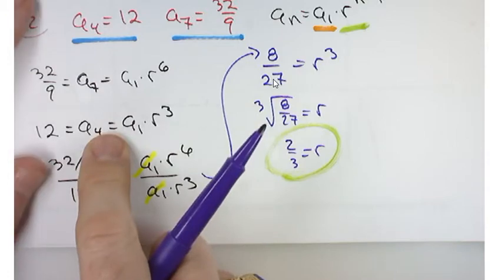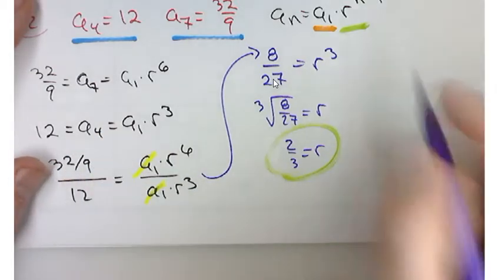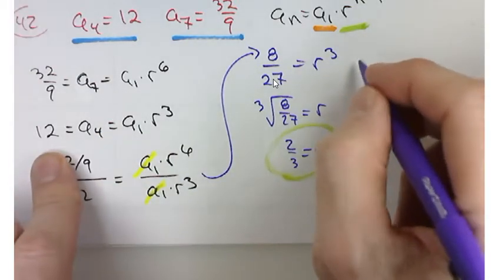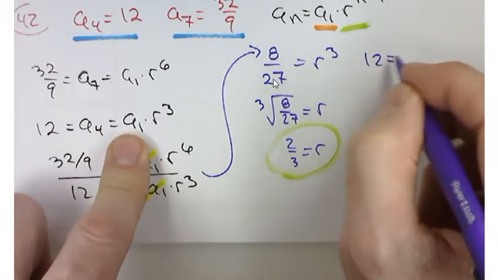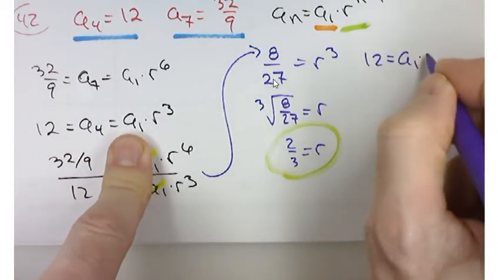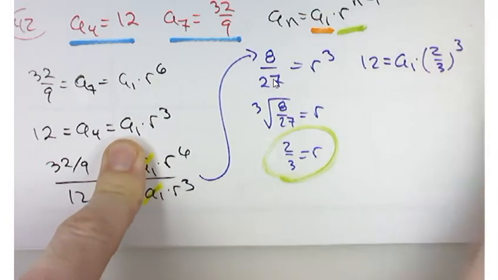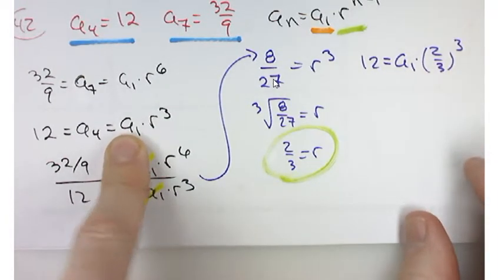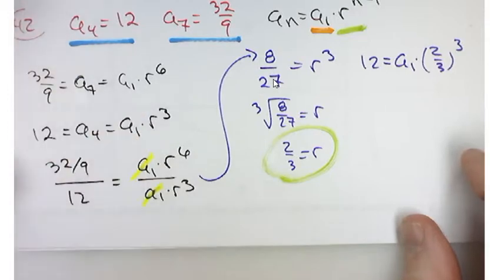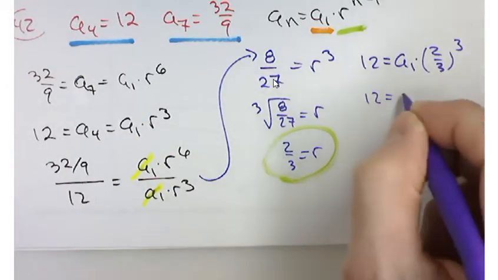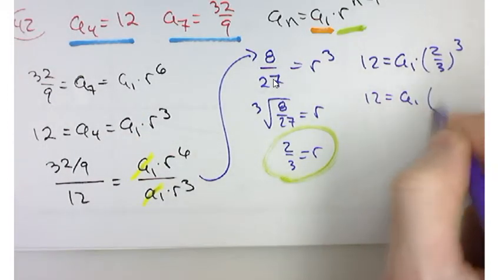I'm going to use a sub 4 just because it has smaller numbers. So a sub 4 was 12 equals a sub 1 times 2/3 to the third power. That's what this equation is saying for me. So it's 12 equals a sub 1 times 8 over 27.